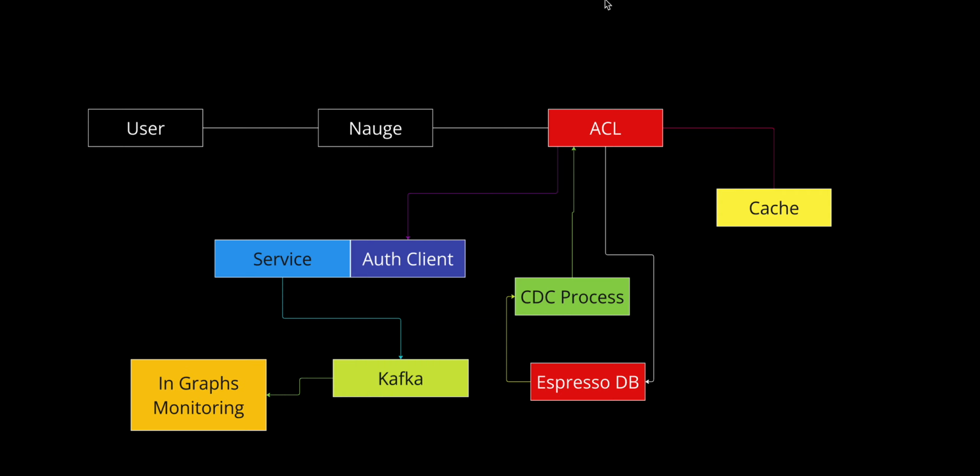So inGraphs is a LinkedIn monitoring tool which provides, first, real-time visualization and analysis of authorization checks. Number 2, insights into system performance, such as latency or error rates during ACL lookups. Number 3, a detailed audit trail for debugging or compliance purposes.